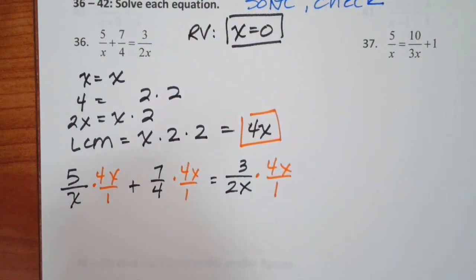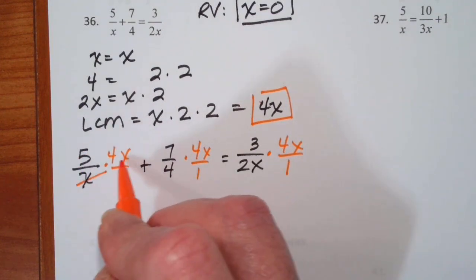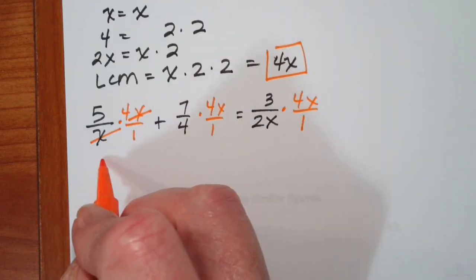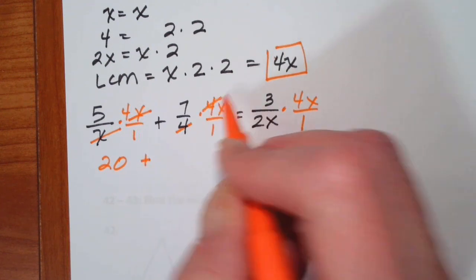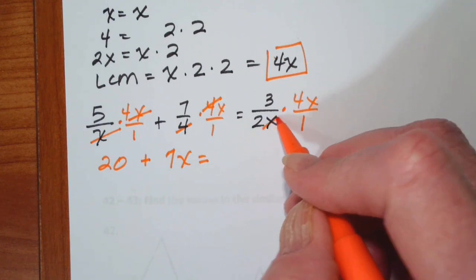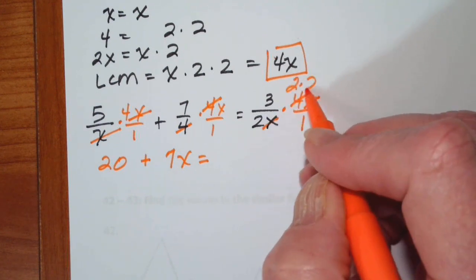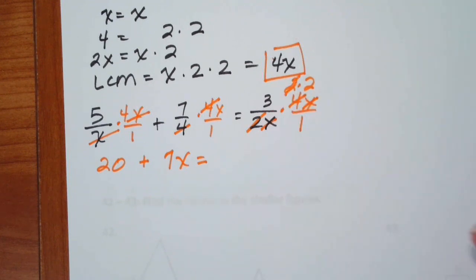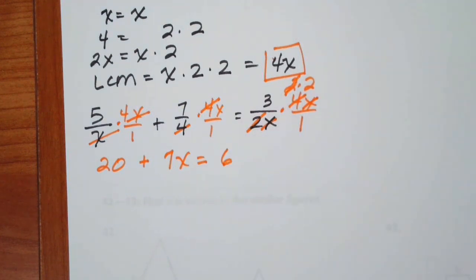Now the whole point of doing this is to clear the fractions, to get rid of the denominators. So if that doesn't happen, then there's a problem. So here the x's cancel, and I'm left with 20. Here the 4's cancel, so I'm left with 7x. Here the x's cancel. 4 is the same thing as 2 times 2, which means one of the 2's cancel. So here I'm just left with 6.